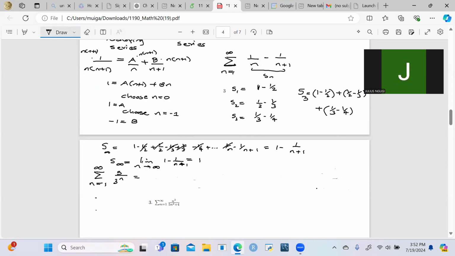So this can be 5, sum, n starts from 1 to infinity, 1 over 3 to the power of n.